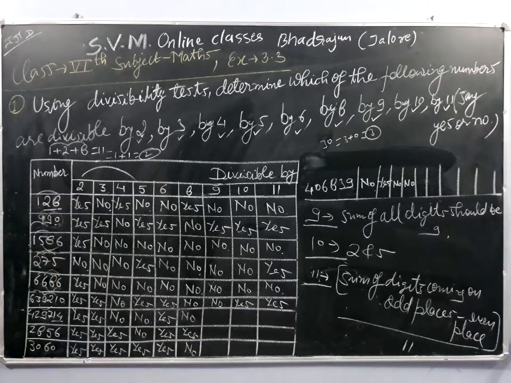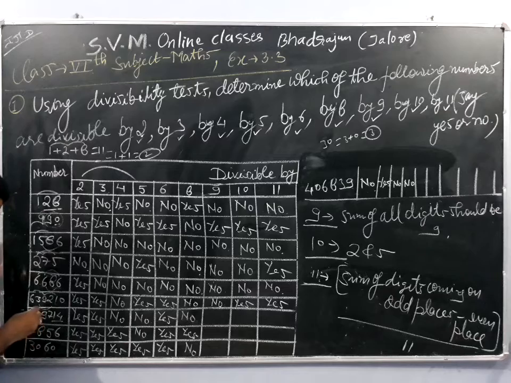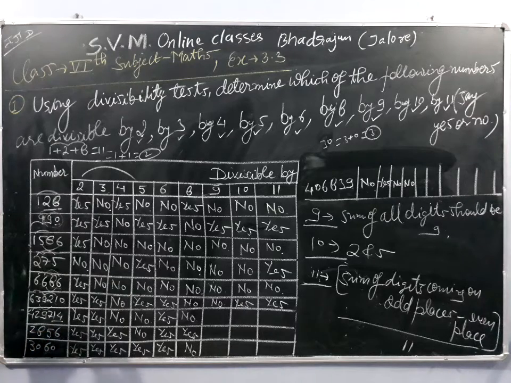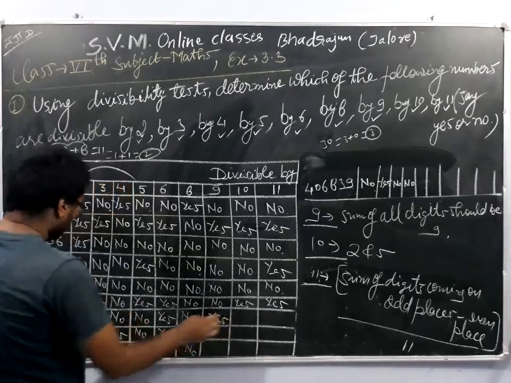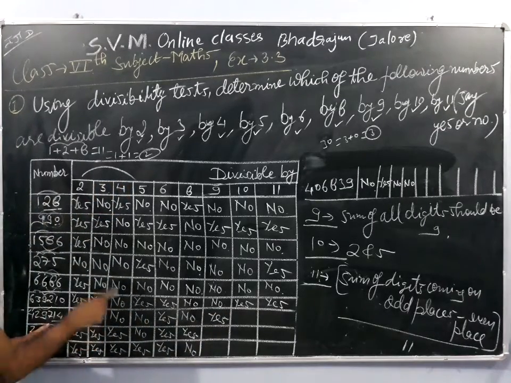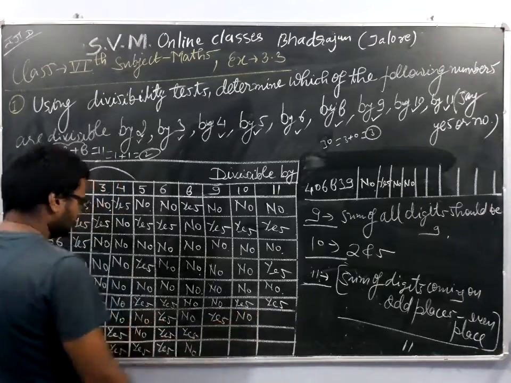Okay. And the last one, let us check this number. Is this number divisible by 9 or not? So sum of digits: 4 plus 2 is 6, 6 plus 4 is 10, 10 plus 1 is 11, 11 plus 7 is 18, 18 plus 9 is 27. Hence the number is divisible by 9. Our response is yes. Here we are seeing the number is not divisible by 5, then it will not be divisible by 10.